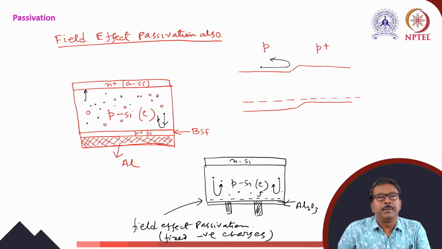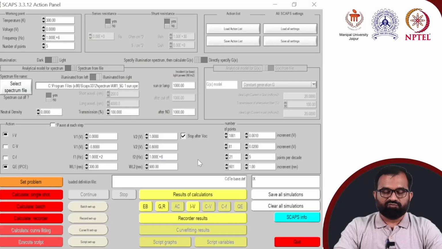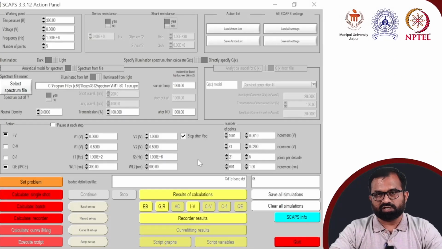Anyway, the effect of interface defect will be demonstrated through simulation using SCAPS 1D by Said Anwar Askari. So we know that when we are trying to fabricate any solar cell, there will always be a heterojunction interface, right?